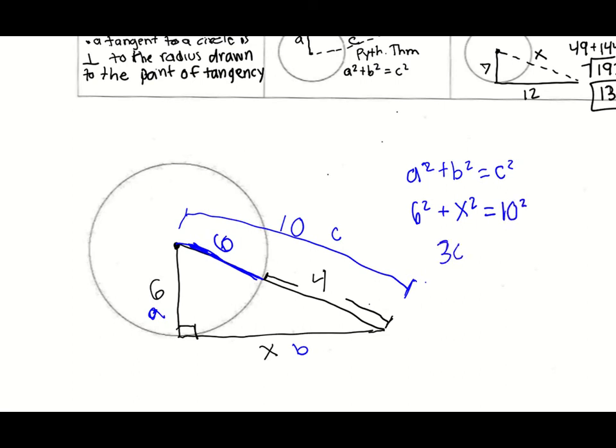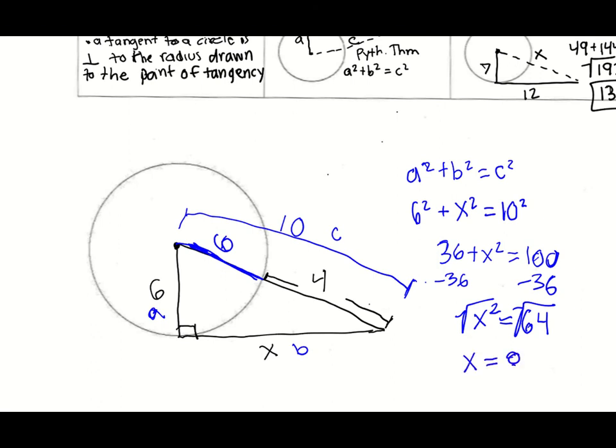Get 36 plus x squared equals 100. And subtract 36 from both sides. X squared equals 64. When we take the square root to get rid of that squared, we get x equals 8. And that is our final answer.